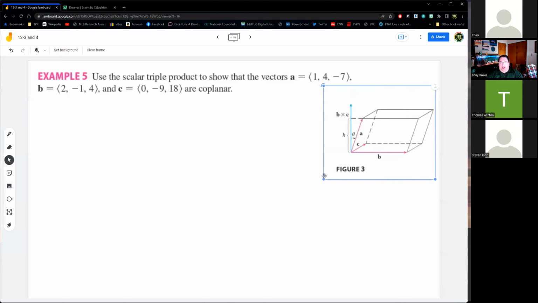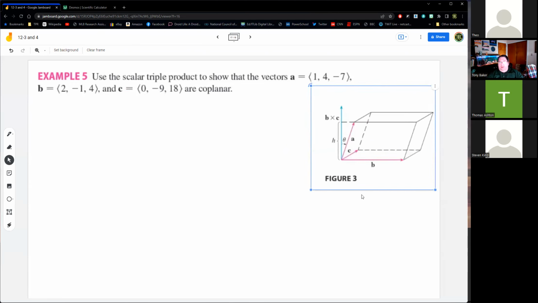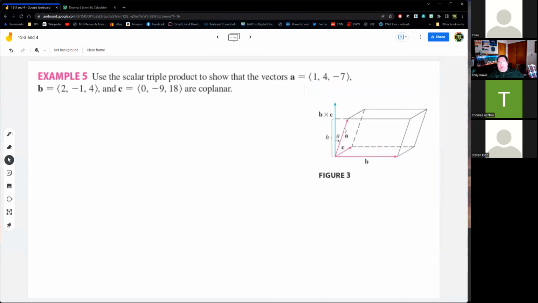So let me look. Right here, if we look at these three vectors, A, C, and B, those three vectors are not coplanar, because the C goes out. If A and B were there and C was up here at the top, or C was the one over here, those would all be coplanar, and that's why they come out to be 0, because I have two lines that are parallel to each other.